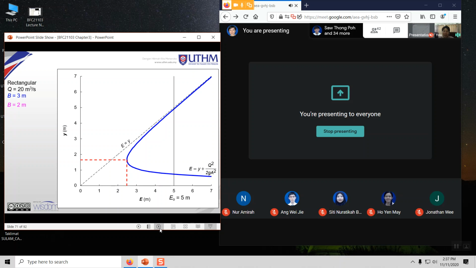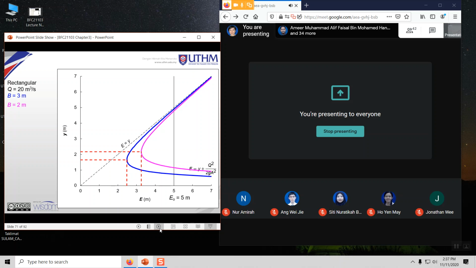Here's the thing, this blue curve is when my width is 3 meter. Then at location 2, I reduce the width of the channel to 2 meter. So I have a new E-Y curve, but this purple curve only applies at location 2 when my B is 2 meter.